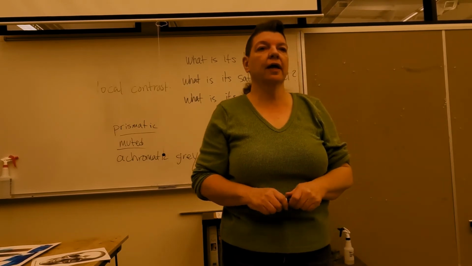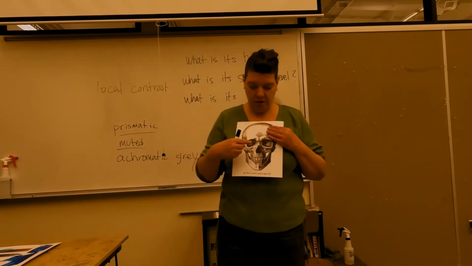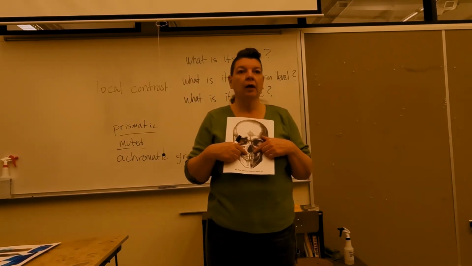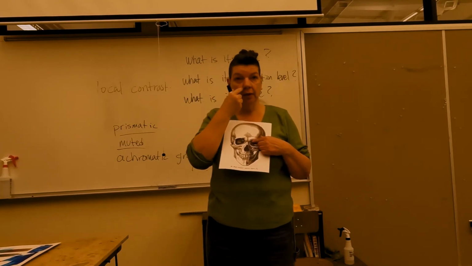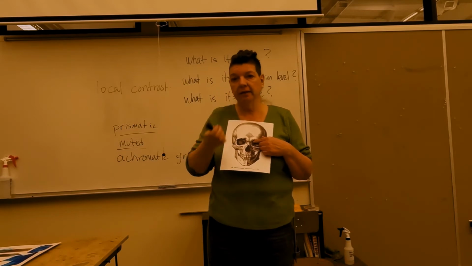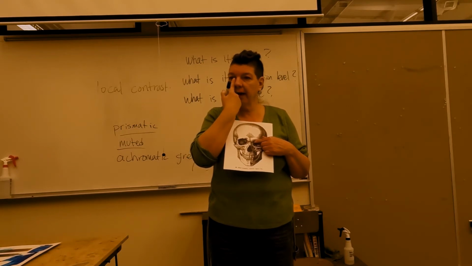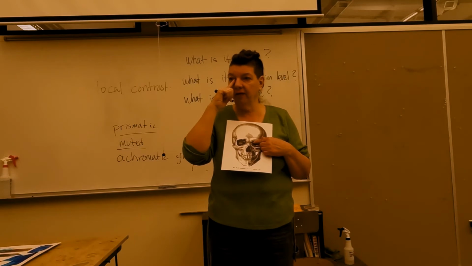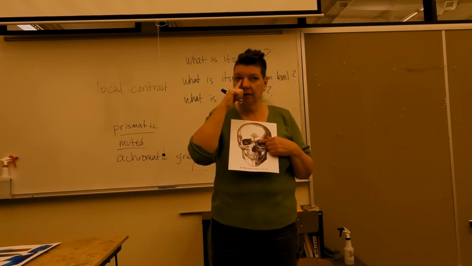Okay, so let's go down to the nose. Okay, so we've got our nose here. As we look at the nose down here, as we line it back up, the outside of the nose lines up to the inside of the eyes, right?